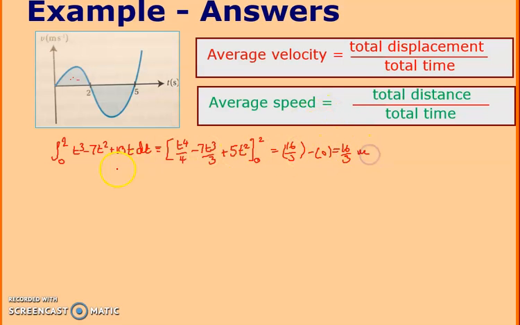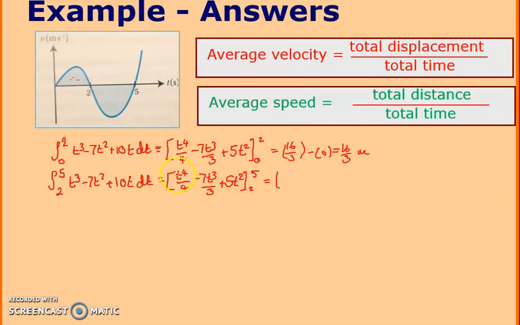Now what's the second journey? This is the advantage of this method. I can just say go from 2 to 5 of t cubed minus 7t squared plus 10t dt. Obviously it's the same function, the third time I've written this down. Now between 2 and 5, I put 5 in.